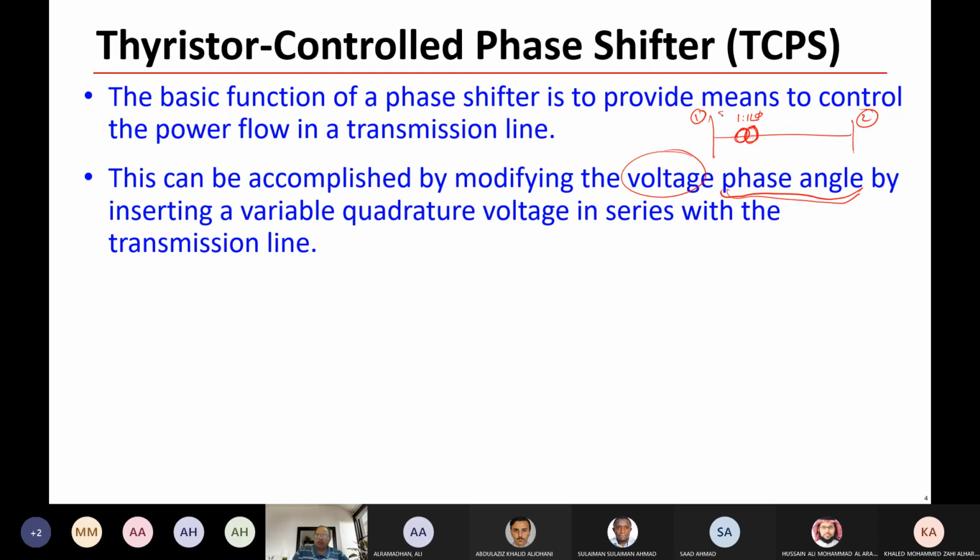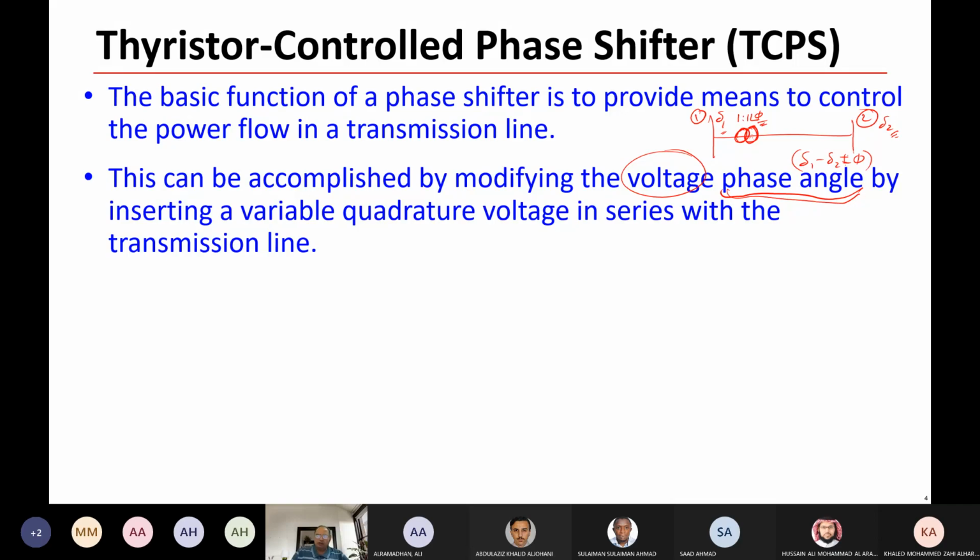So in this case, we have delta 1 here, and we have delta 2 here. Now it is not delta 1 minus delta 2 in this case, but you have here an angle phi. So it is delta 1 minus delta 2 plus minus phi. This is the phase shift between these 2 angles here. And this phi could be positive, could be negative.